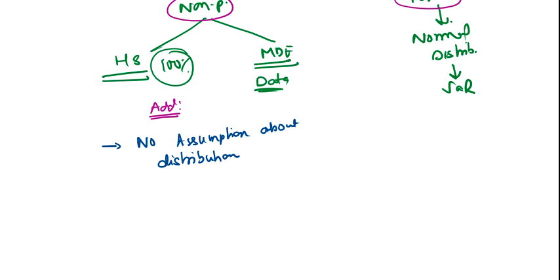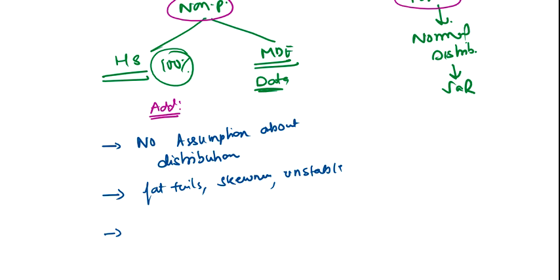So if you are not assuming any distribution, then there is no case of fat tails, no case of data skewness, clear, and no case of unstable parameters, clear. These are the advantages.